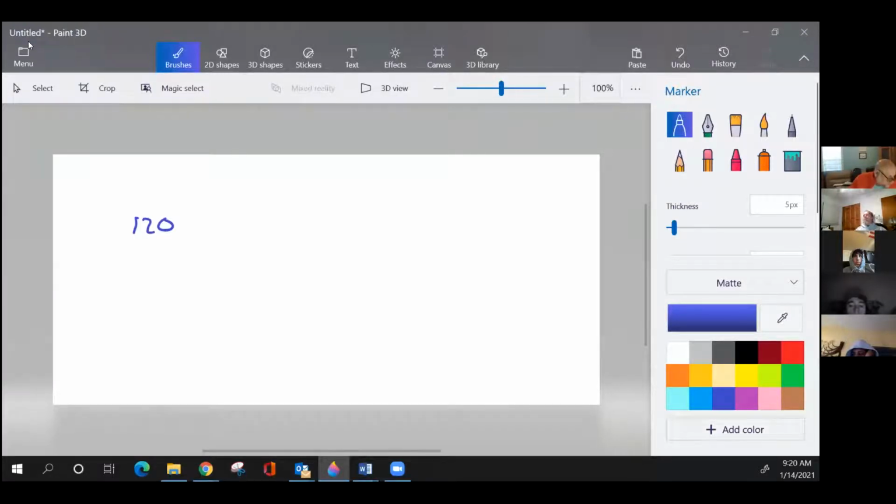The actual cost of the job and materials was $112.16. We're going to divide 112.16 by 120, and it's going to give us 0.94 and some numbers.